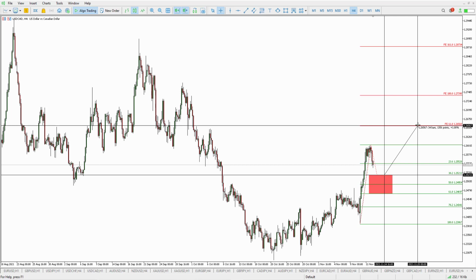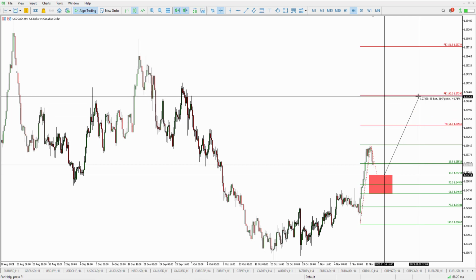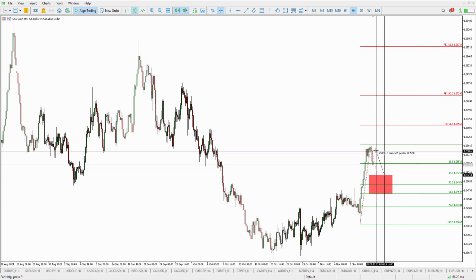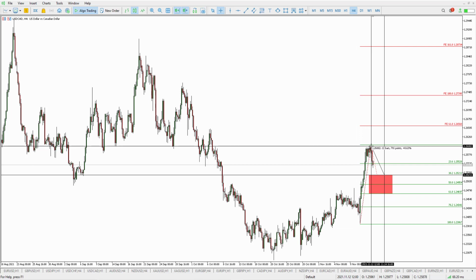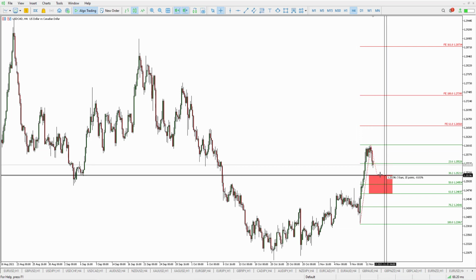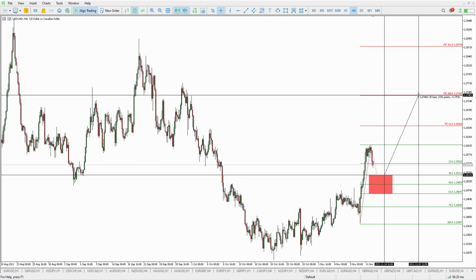Okay, that's great. My second target would be 100% of that initial move, so pretty much the same amount of pips that I have from point A to point B, and I'm looking for that from the end of the pullback up here to the second target, which means a potential target of 218 pips.